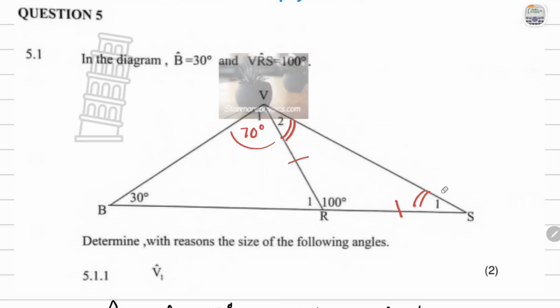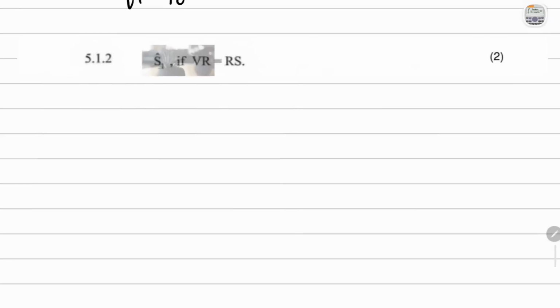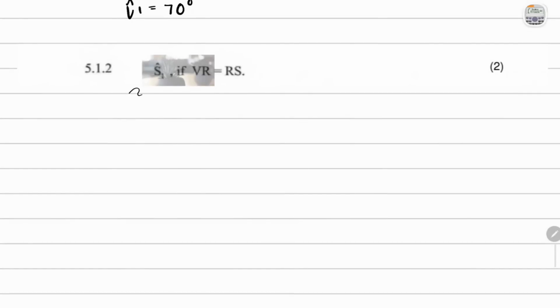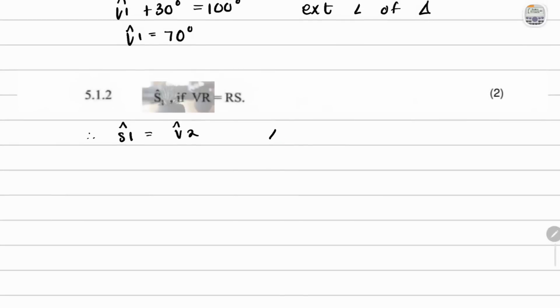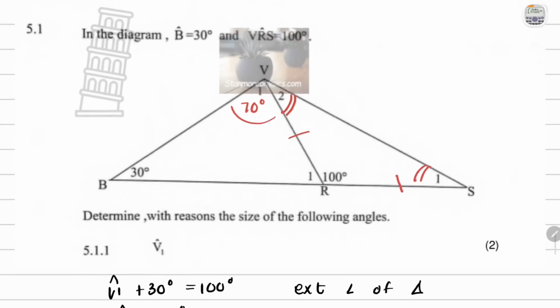We're going to add these together, but first we will tell them that angle S1 is equal to angle V2. So here's the thing, because these two lines are equal, that therefore means angle S1 is equal to angle V2. And the reason is because we have angles opposite equal sides, not because it's an isosceles triangle. Well, it is, but it's because the angles opposite equal sides in a triangle will be equal.